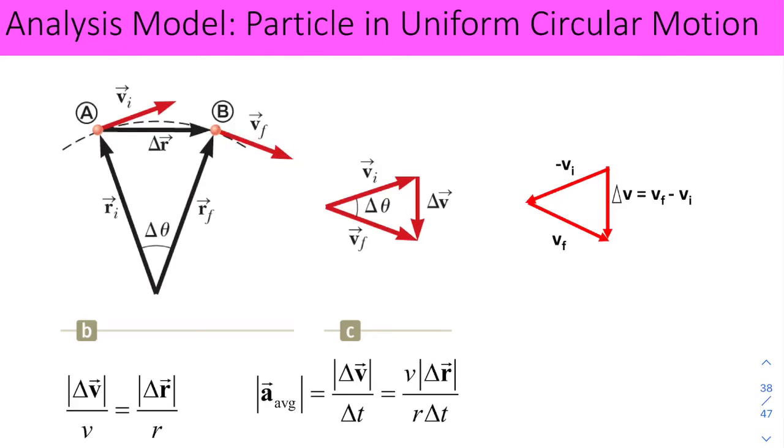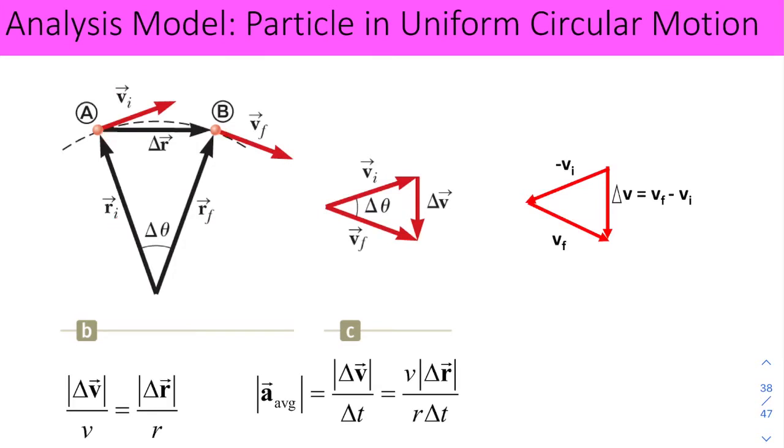So when we talk about how to figure out the delta v, of course, not to forget that we have delta r over delta t. So what is the delta r? It is the change from r initial to r final, from position A to position B.